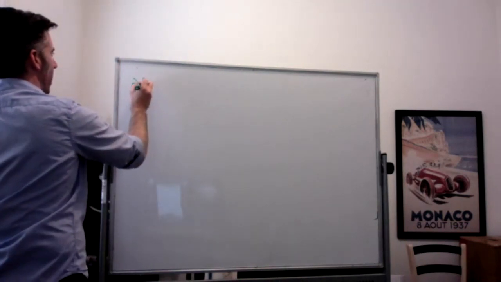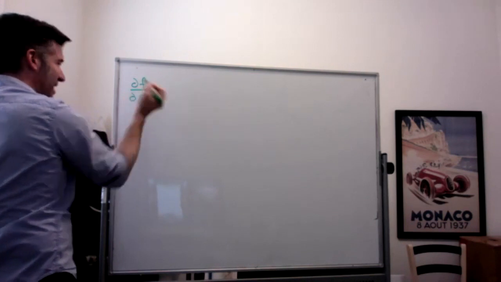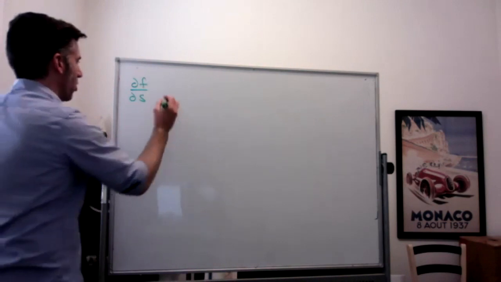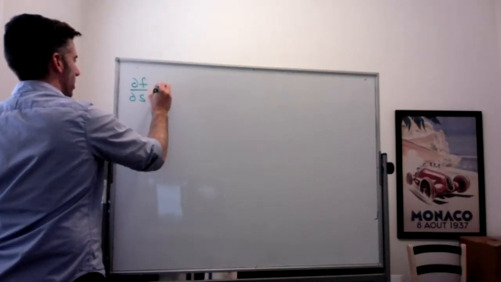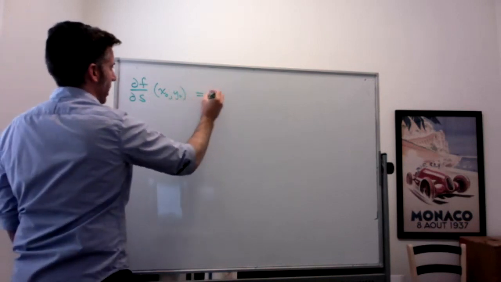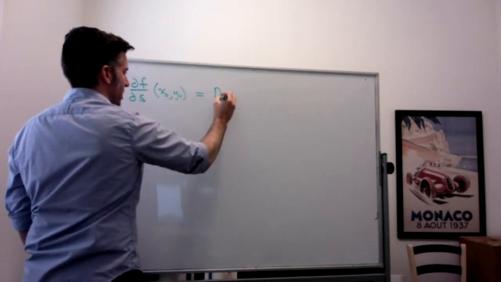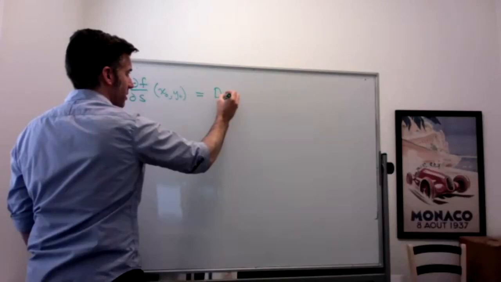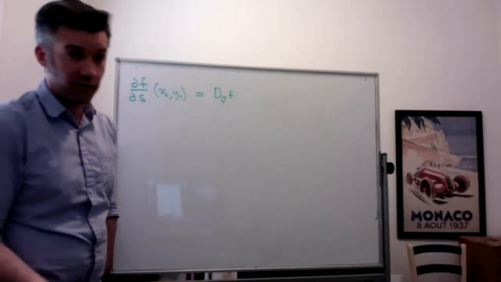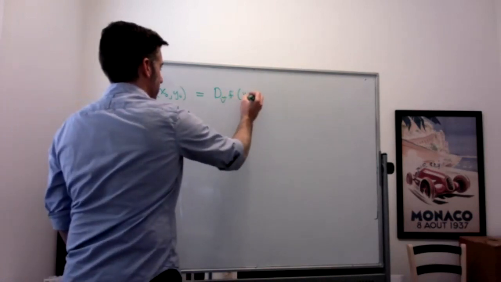He was writing del f del s, which is not notation I'm probably going to use very much, at the point x naught, y naught. You can also write it as D_v f, the directional derivative of f in the direction of v, at the point x naught, y naught.